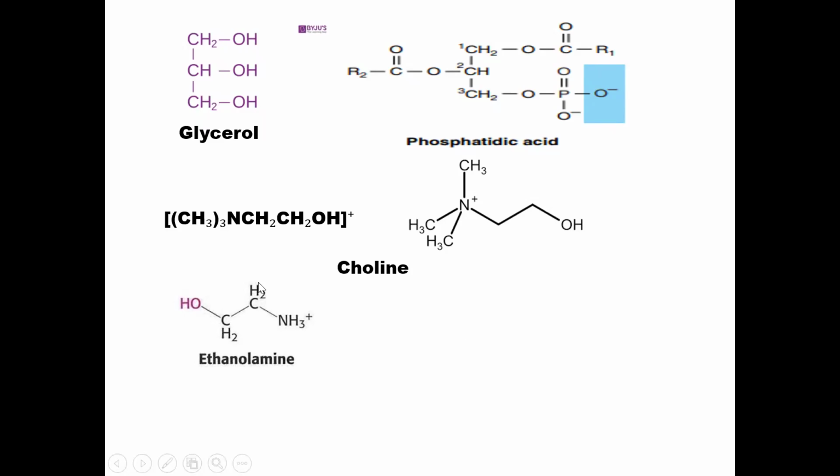So this is ethanolamine that can also attach itself here. If you have choline here, it's a different type of phospholipid, phosphatidylcholine. And if you have ethanolamine attached here, you have phosphatidylethanolamine, which is a different type of phospholipid.